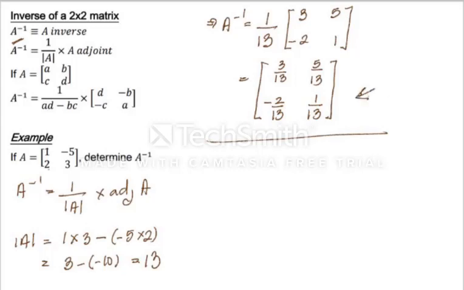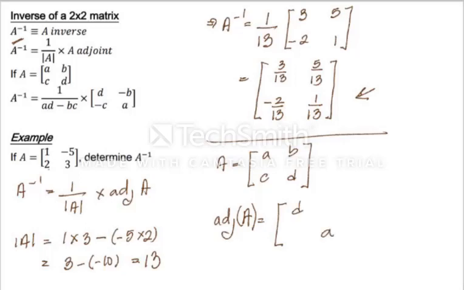But if A is the matrix A, B, C, D, adjoint A would be equal to, here's what we do. To find the adjoint matrix, you switch around the leading diagonal elements, which are A and D, so D comes up here and A comes up here.